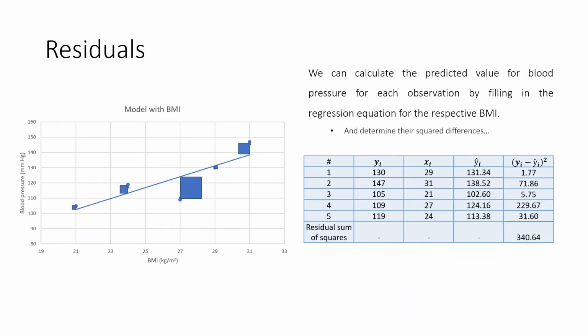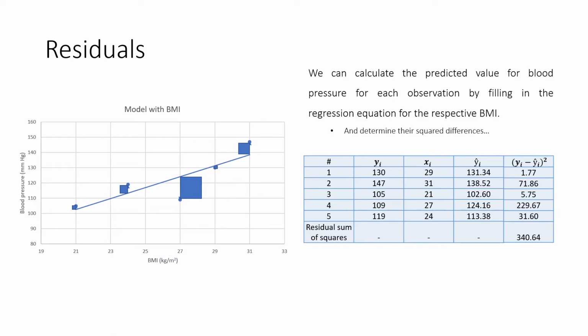And of course, the next thing that we do is we're going to look at what are the square differences between each observation that we observe and the one that we estimate using our model. And we can see that over here in the last column. And once again, because these are not absolute but square differences, we can add them up and they result in a sum of squares, a new residual sum of squares.